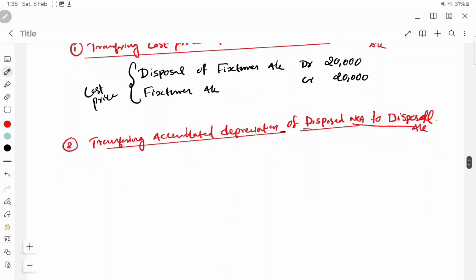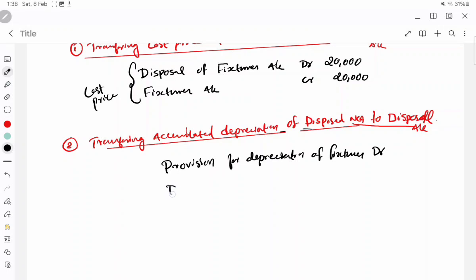So the entry will be: provision for depreciation of fixtures will be debited, and disposal of fixtures account will be credited.